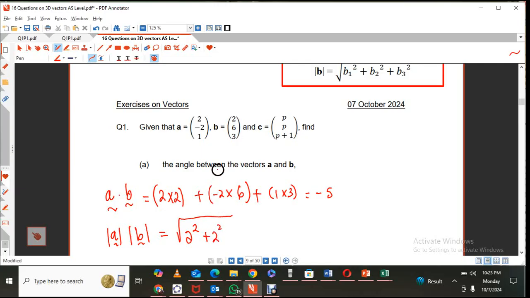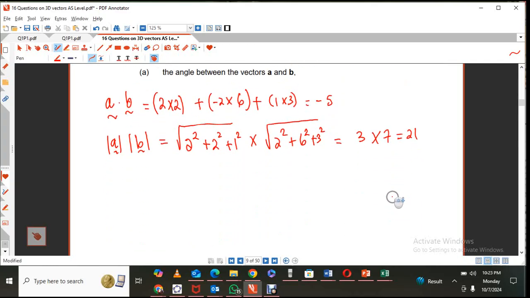Continuing with the components of vector A, then you have 1 squared as well. I'm going to multiply that by the magnitude of vector B, which is again 2 squared plus 6 squared plus 3 squared. So obviously the first one will give you 3 and the second one will give you 7, which basically is 21.